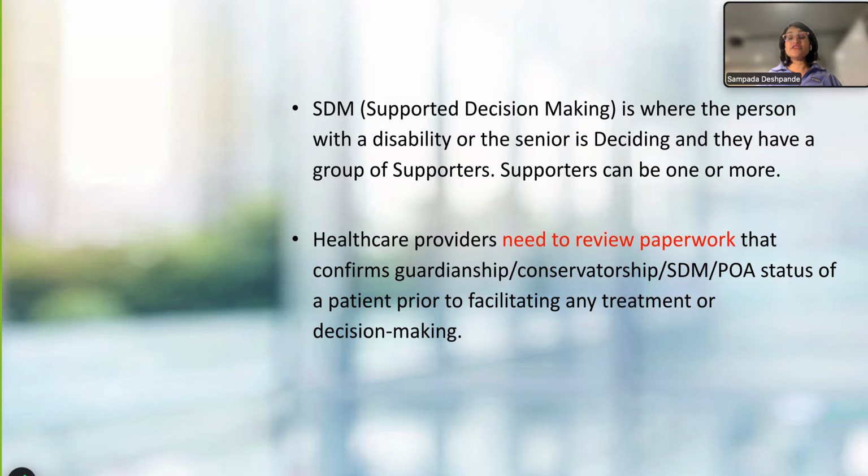So if there's a conservator, a guardian, some kind of power of attorney, we need to be confirming who these people are by reviewing their paperwork before sending any information across or responding to requests for information from us.